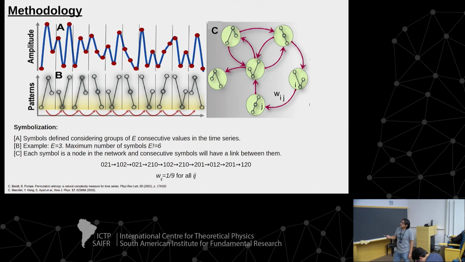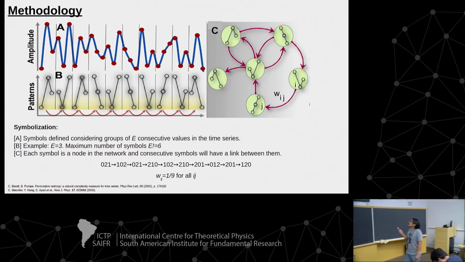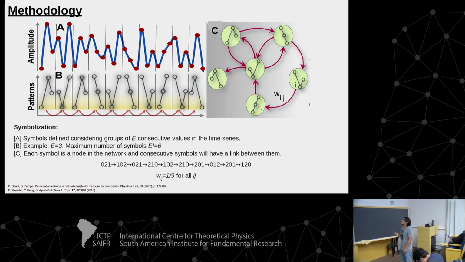We define symbols considering groups of E consecutive values in the time series. In this case, we choose 3. These symbols for the whole time series give us a maximum number of symbols of E factorial, which is 6. So we end up with a network of 6 nodes, and each symbol is a node of the network, and consecutive symbols will have a link between them.